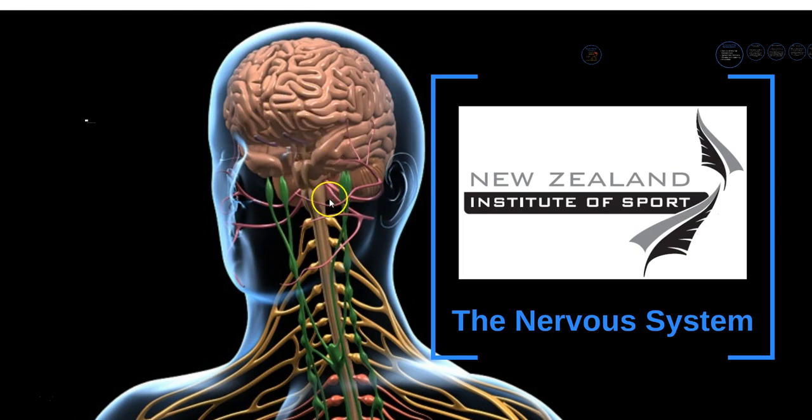The brain acts as the supercomputer that receives millions of messages from your body's sensory organs, letting it know what's going on in and around the body. It assimilates all of that information and decides sometimes to act on it. When it acts on it, it will send out instructions to the body parts to cause actions around the body that will help keep A, the body safe, and B, the body functioning the way it's supposed to.